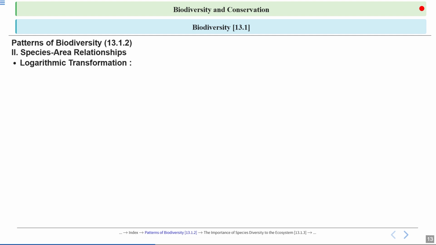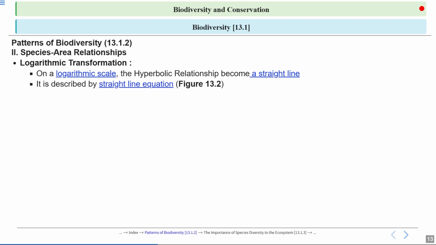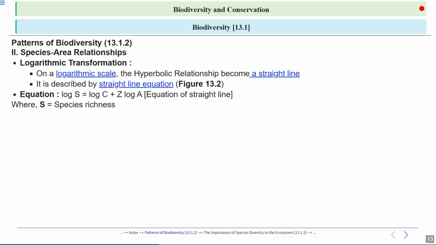Okay, let's talk about the logarithmic transformation. On a logarithmic scale, what was originally a curved, hyperbolic relationship between species and area becomes a straight line. So this line can be described by a simple equation. What is that equation? We have already discussed it. This equation is log S is equal to log C plus Z log A. This is the equation for the straight line. Here S is the species richness, A is the area.